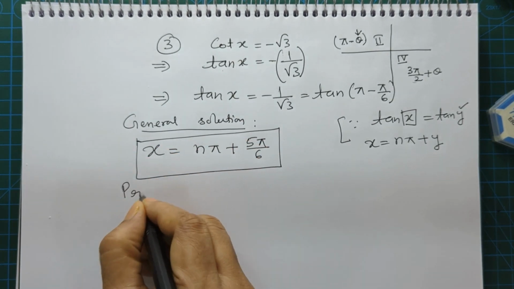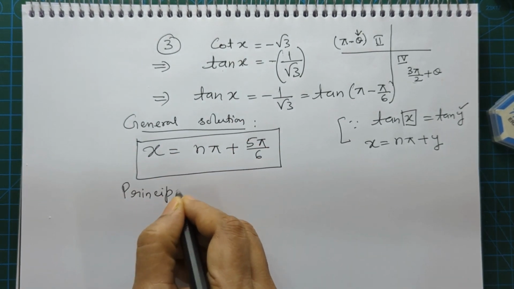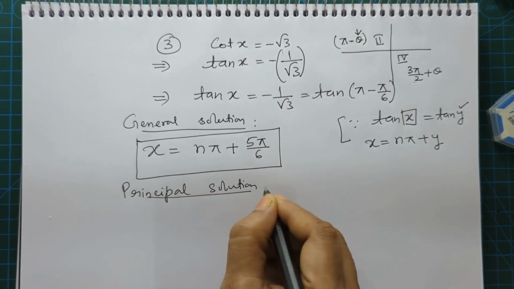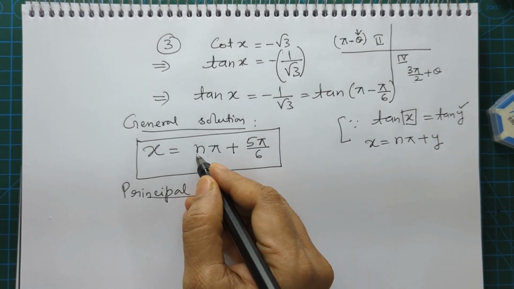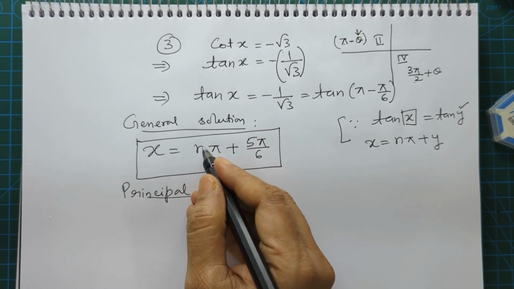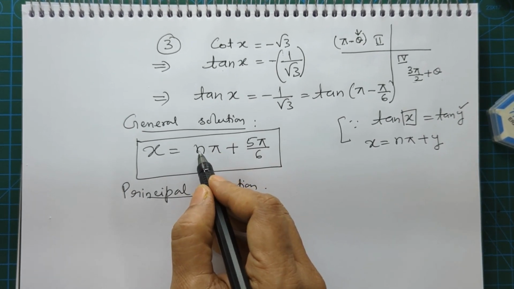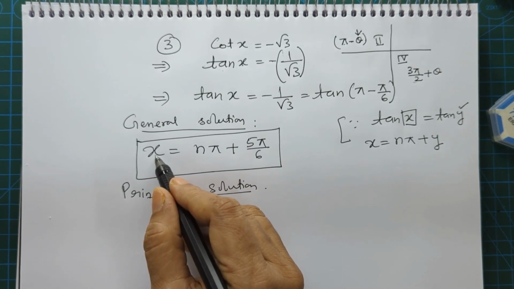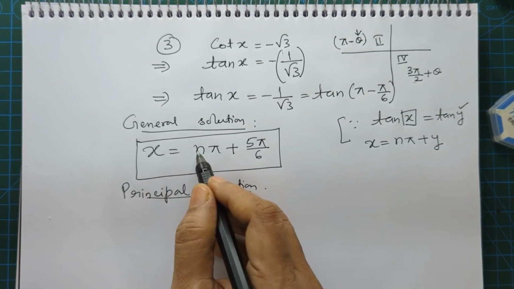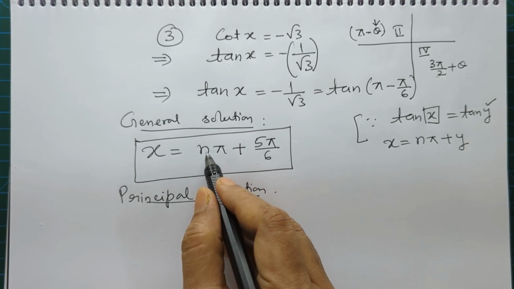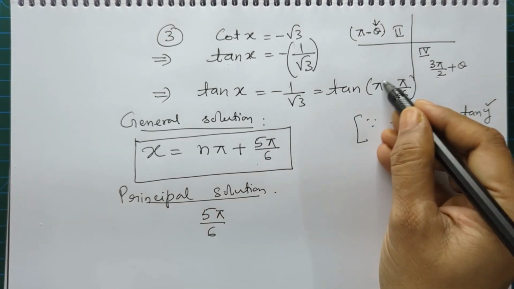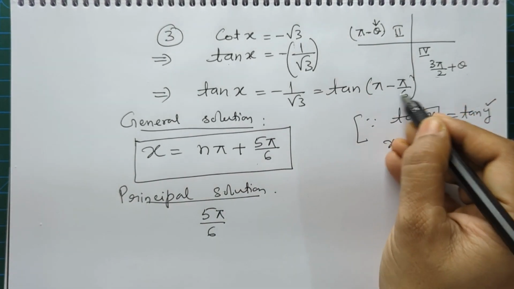When we want to find the principal solution, in place of n in the general solution, we have to place different integer values and find for which integer value, on solving, x comes to be an angle that lies from 0 up to 2 pi. So first n as 0. If n is 0, the first principal solution is 5 pi by 6. That means this angle itself is one of the principal solutions.